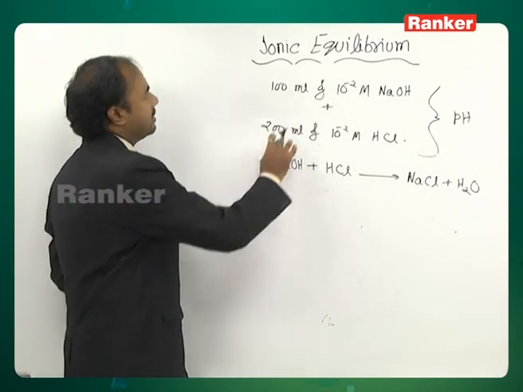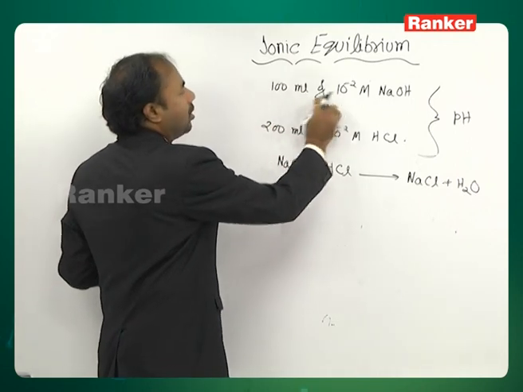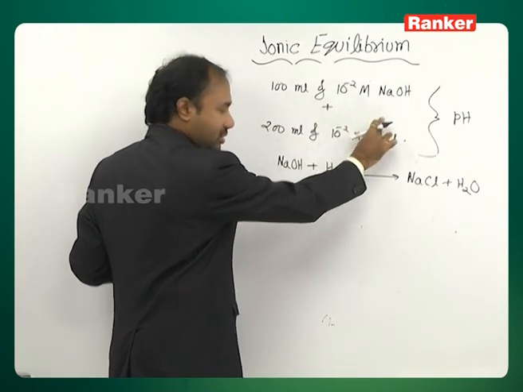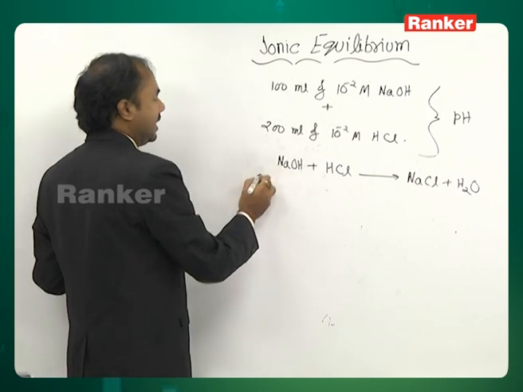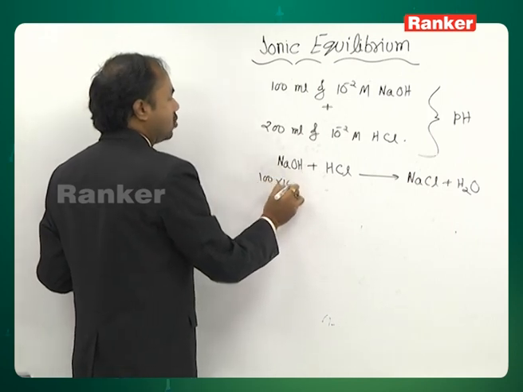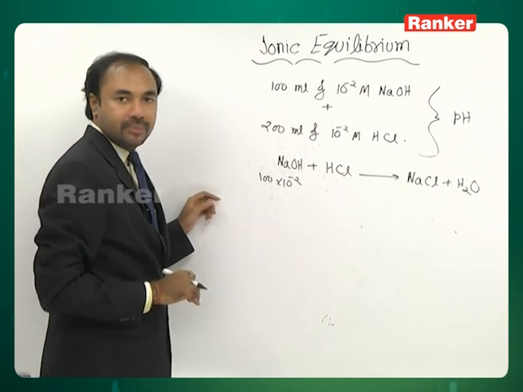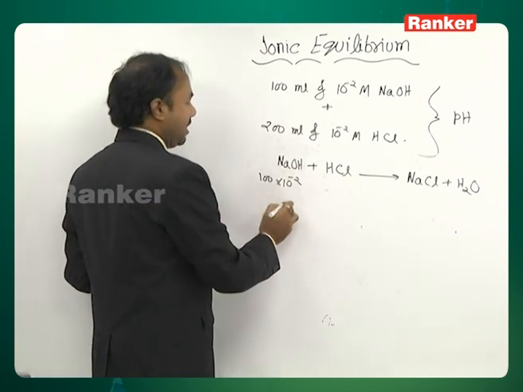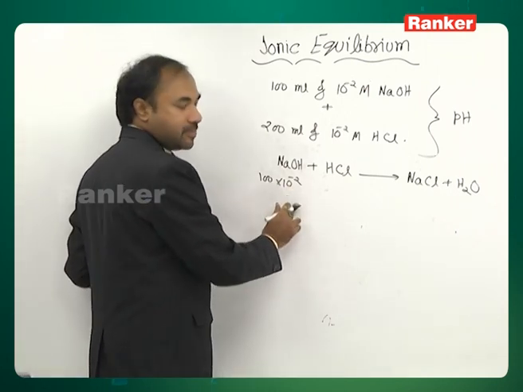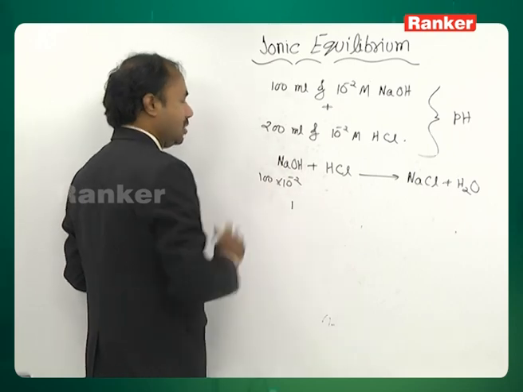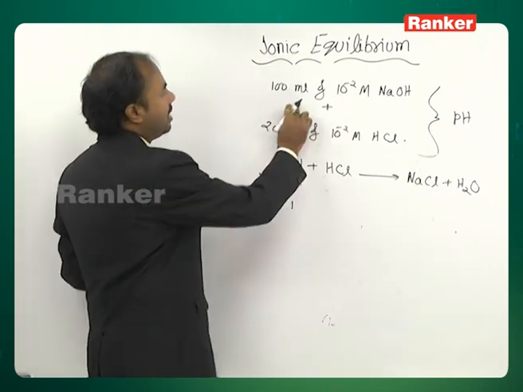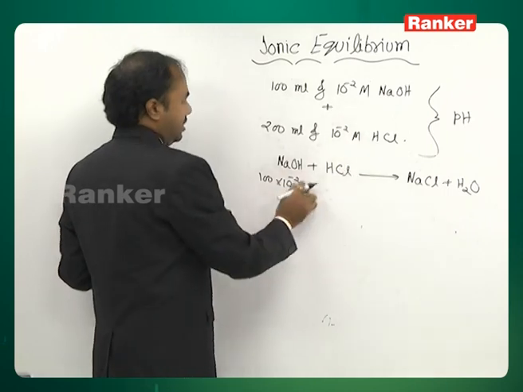Let us see now what happens. 100 ml of 10 to power minus 2 molar NaOH we have got. So millimoles of NaOH we will have 100 into 10 to power minus 2, right? So we get 1 millimole of NaOH. Come to HCl.